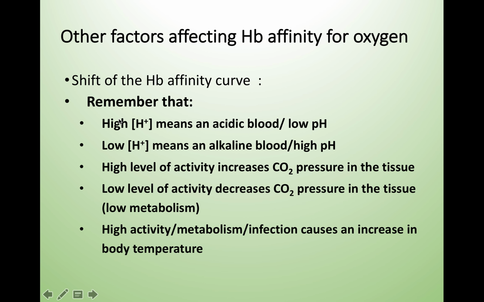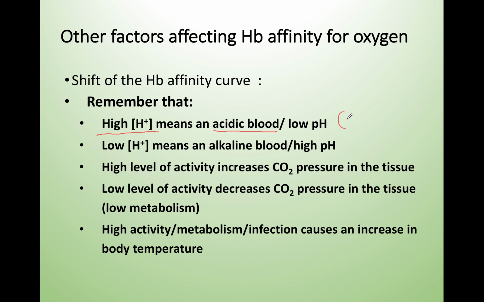Now, some of the other factors that affect your hemoglobin affinity for oxygen are listed here. So we talked about some of the concepts. When we talk about high hydrogen concentration, that typically means your blood is acidic, or low pH.